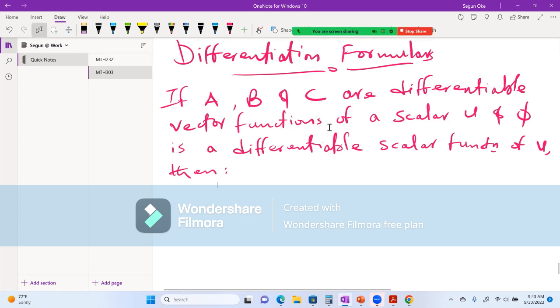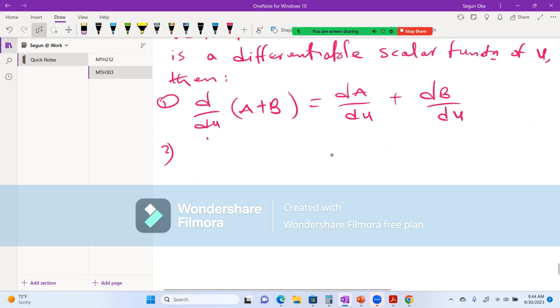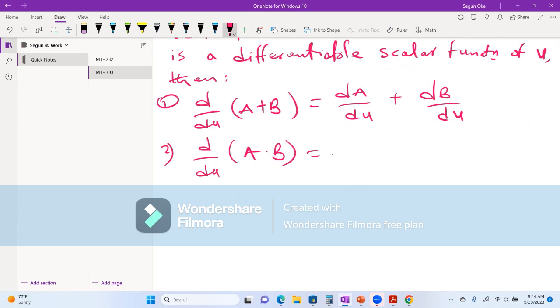Let's look at when you have A plus B. Number one, if I have d/du of A plus B, it simply means dA/du plus dB/du. Number two, if I have d/du of A dot B, it's going to be, now this one is different.